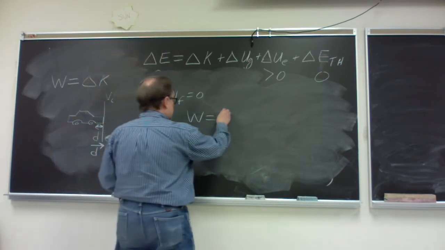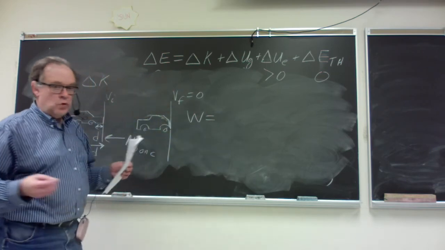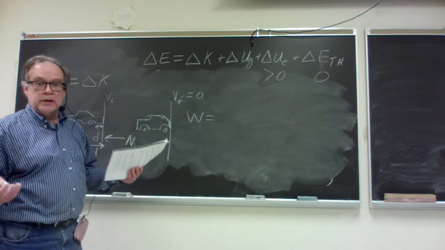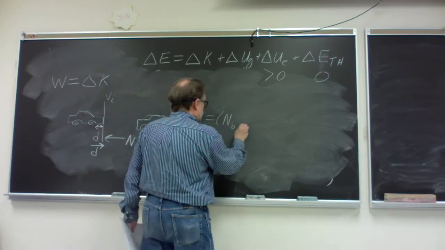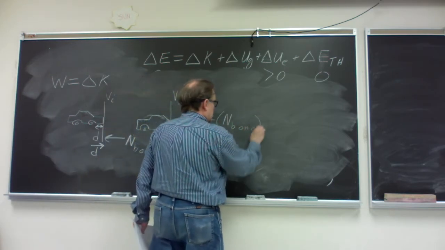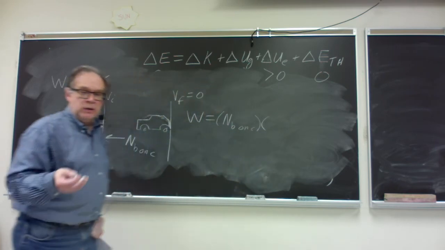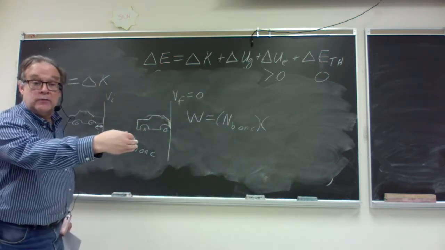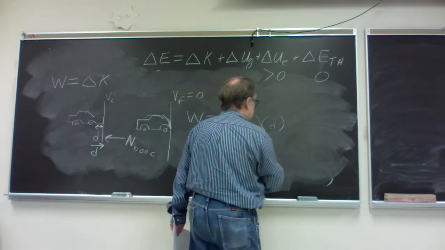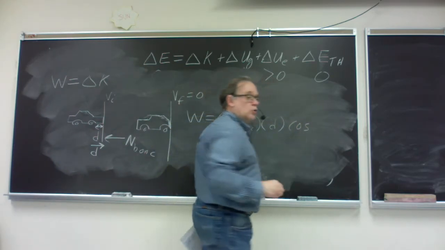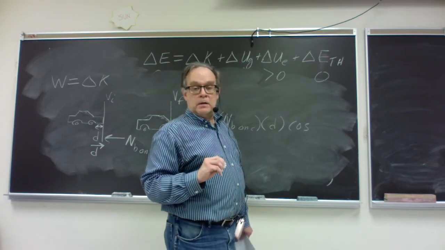So the work done is just, remember our work equation, the magnitude of that force, normal force from the barrier on the car, times the magnitude of the displacement that the car went through while it was traveling that distance, just call that d, times cosine of the angle between force and displacement.